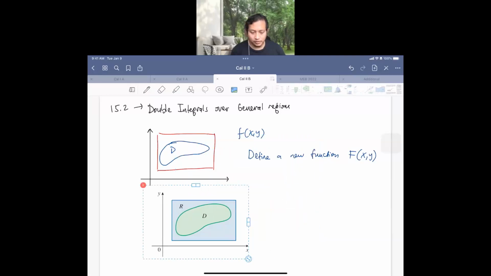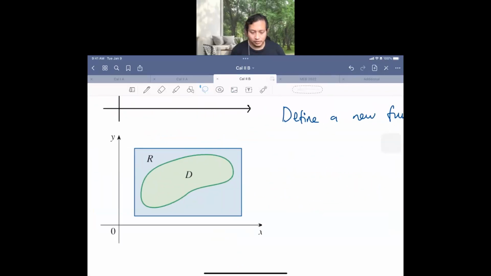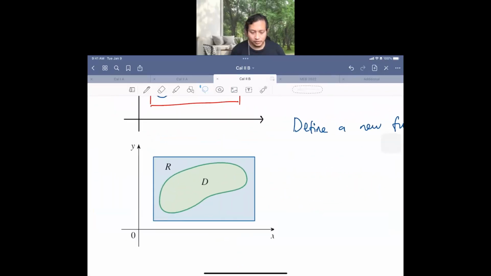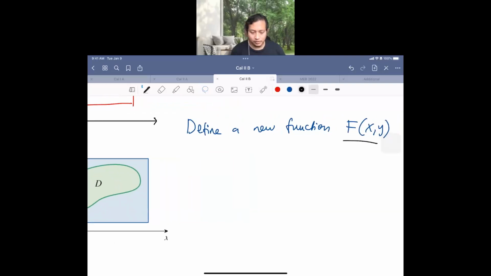Let's say we have this region R, a rectangle outside of the D. Our goal is to evaluate the integral over D. So we define a new piecewise function, capital F, with two definitions.